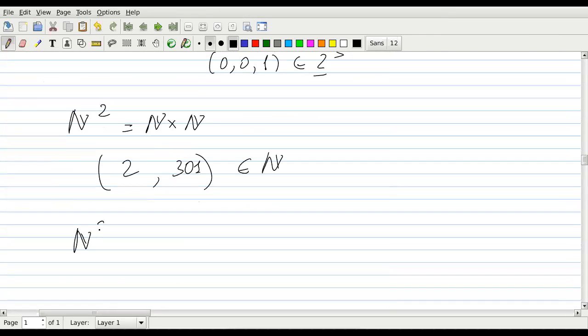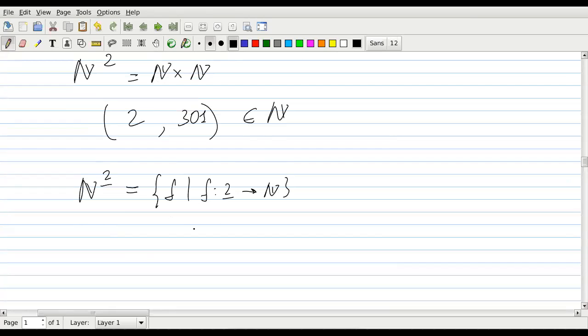But what can you say about this set? What is it? Naturals to the power 2 underlined. It's the set of all functions from 2 underlined to the naturals. Can you give any example of such a function? 0, 1000.